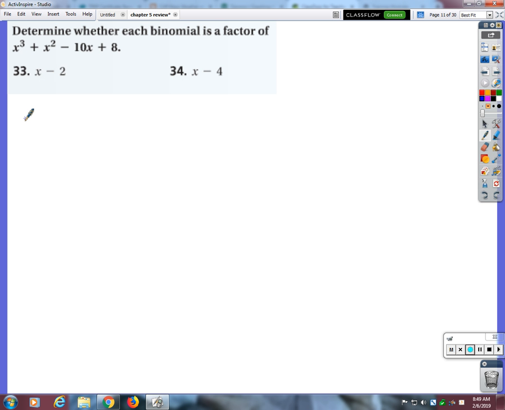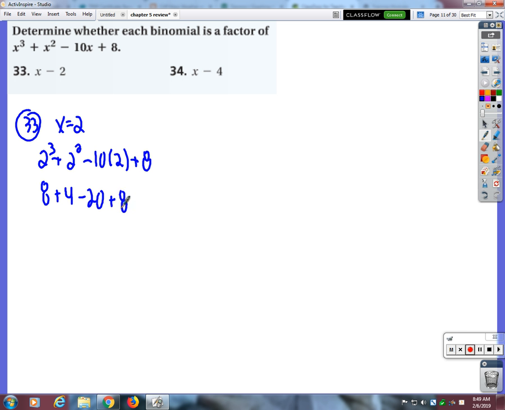Okay, so Max says let's take 2 cubed plus 2 squared minus 10 times 2 plus 8, which is 8 plus 4 minus 20 plus 8, which is 0.